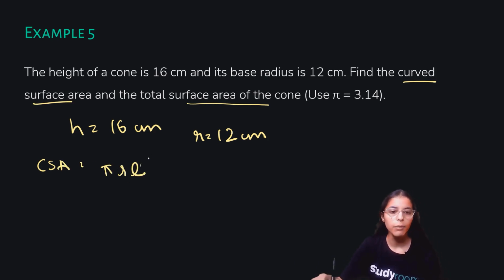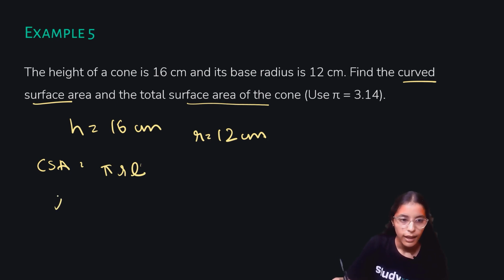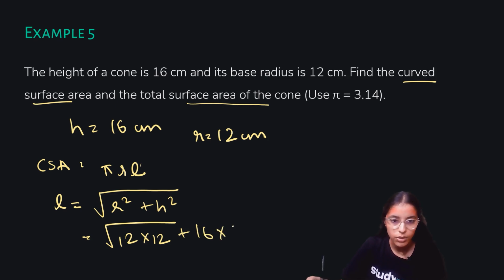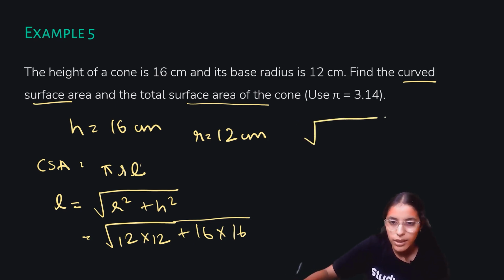Now we're not given L, but we know how to find out L. L can be found by taking under root of r square plus h square. So we'll take under root of 12 into 12 plus 16 into 16. Either you multiply, add, and then take the root, which will be difficult, or you can use small mathematical tricks.